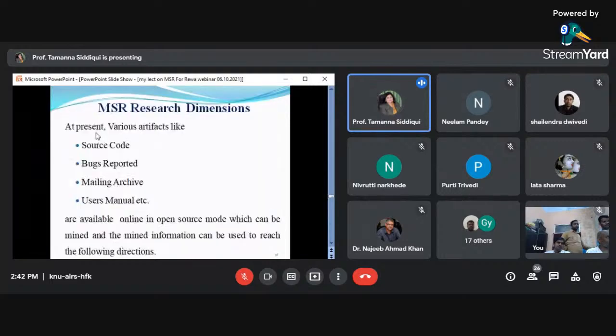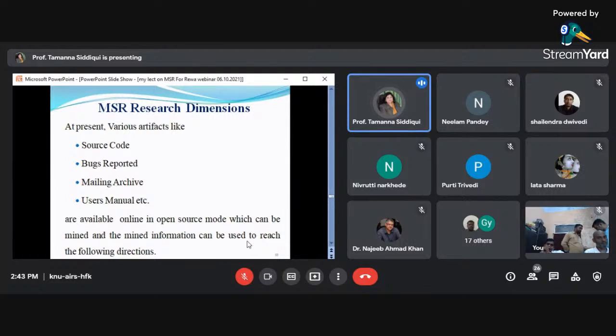Now, I will give you some research dimensions. At present, various artifacts like source code, bugs reported, mailing archives, and user manuals are available online in open source mode, which can be mined, and the mined information can be used to reach the following directions.